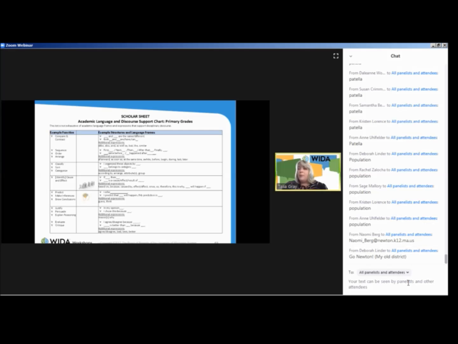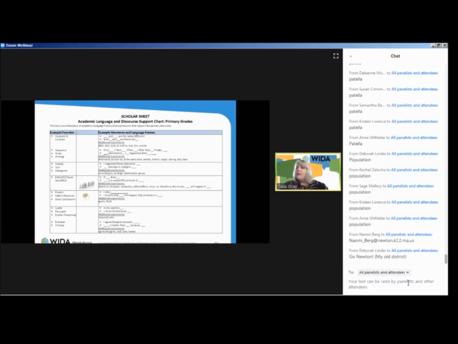So, for example, if you are talking about comparing and contrasting, you're going to see the words something and something are the same, or something and something are different. Both have, neither has, one has. So this kind of gives you the language that you should see based upon the task that you give your students.